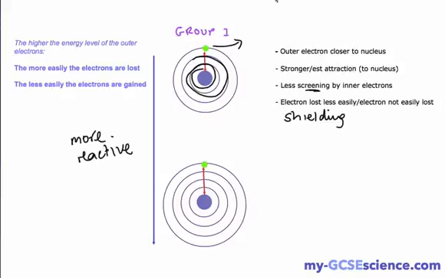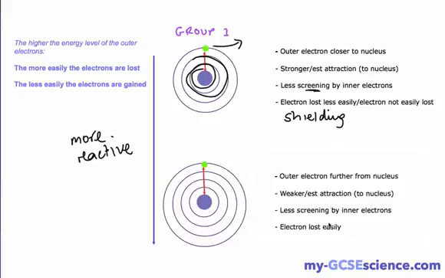How would you explain why this one is more reactive? Well, similar idea. I've used the very same framework, but just changed the words around a bit. So we've got the outer electron, which is further from the nucleus. As you can see, this red distance is further. That means we've got a weaker attraction to the nucleus, or the weakest attraction in comparison to other electrons in other shells. We've got more screening by inner electrons, or more shielding, sorry, I said less before, that's wrong.